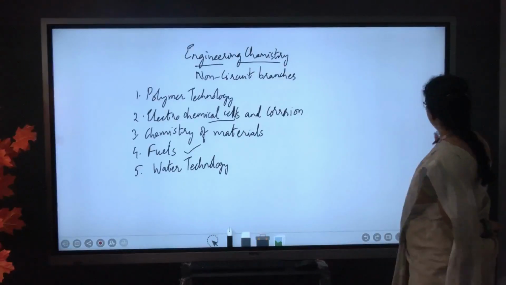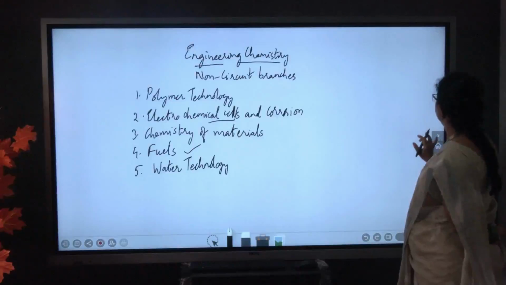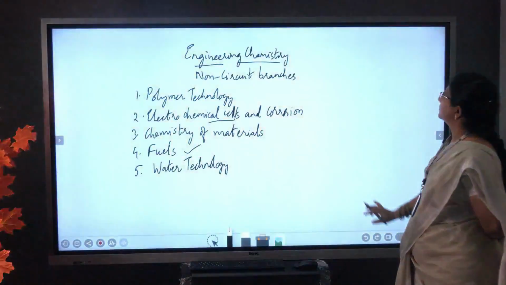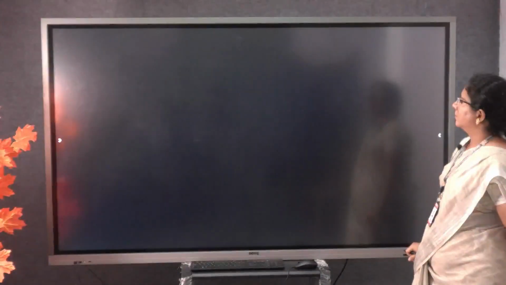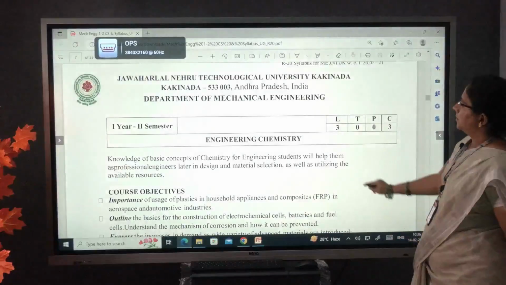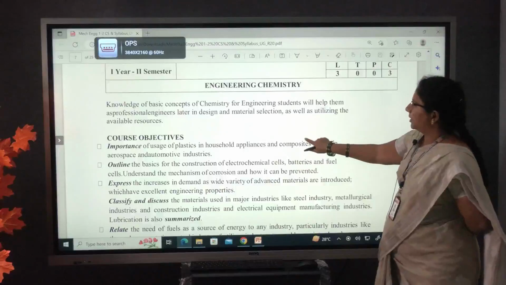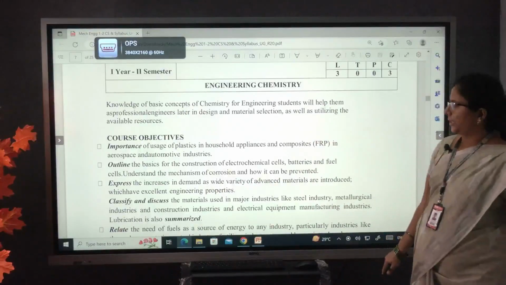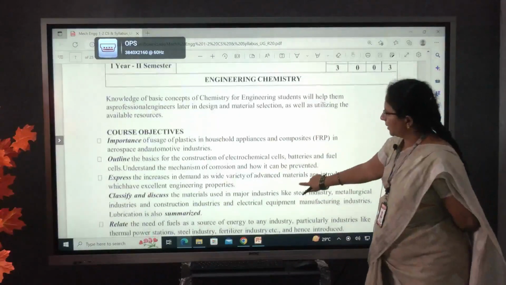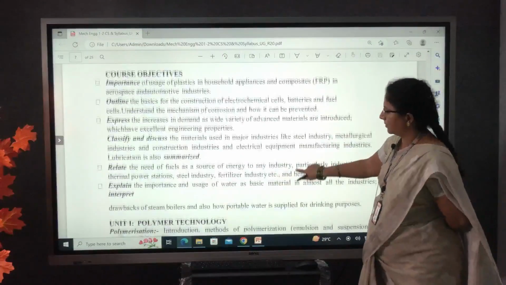Now coming to the syllabus. The Engineering Chemistry course is introduced for the non-circuit branches, as I said earlier. So these are the course objectives.